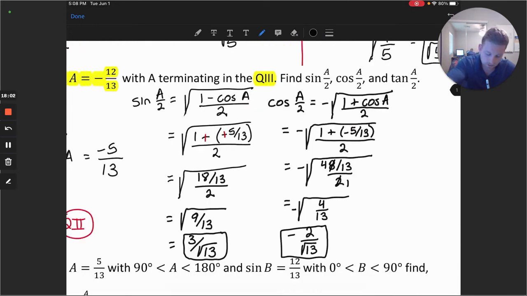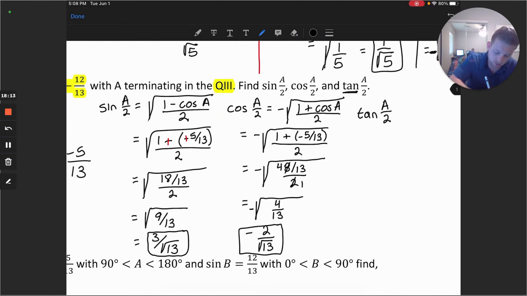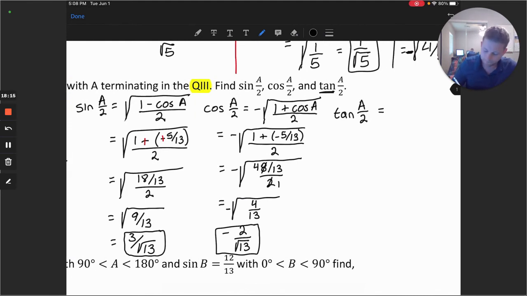And so last but not least, we do need to solve for tangent. We know that the tangent can be found by taking the ratio. If I consider the sine over cosine here, the sine is 3 over the root of 13 divided by negative 2 over the root of 13. We want to just flip and multiply here.